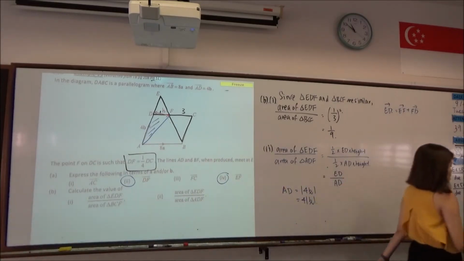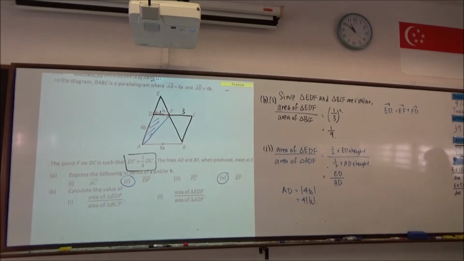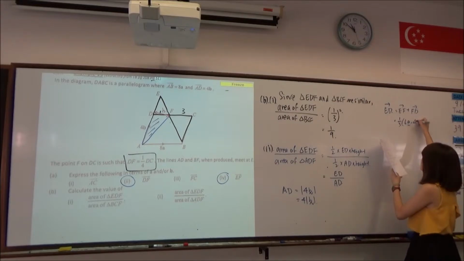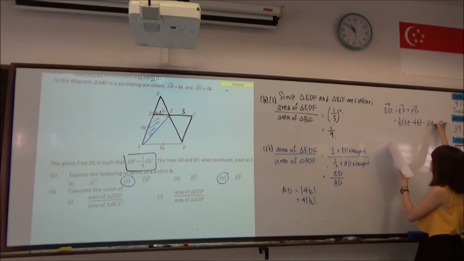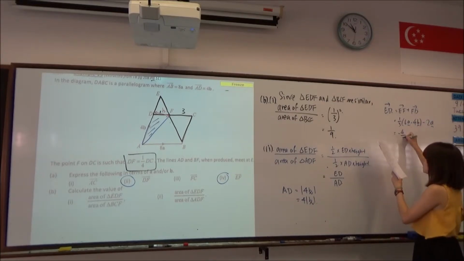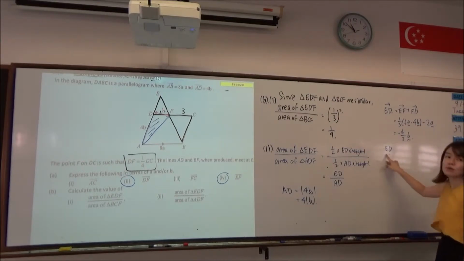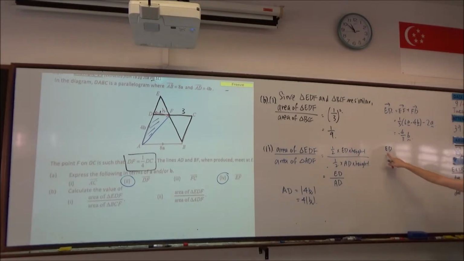Therefore, using that information in part A, we would be able to find that the vector of ED is negative 4 over 3 b. Okay? And therefore, the magnitude of ED itself, okay, so this is the length.